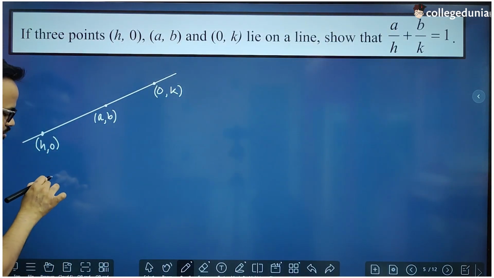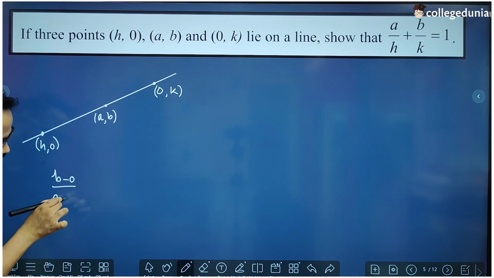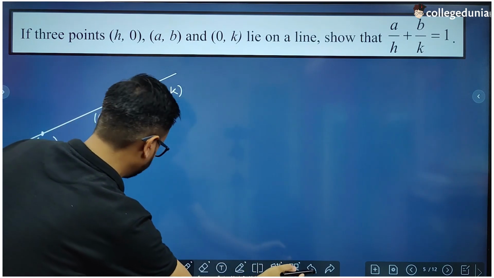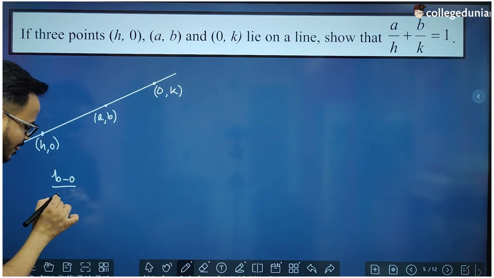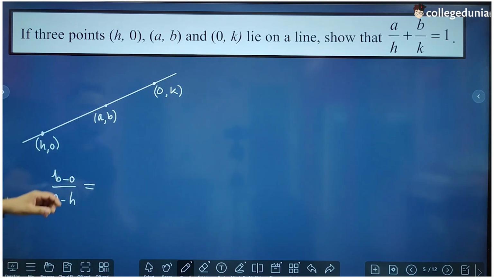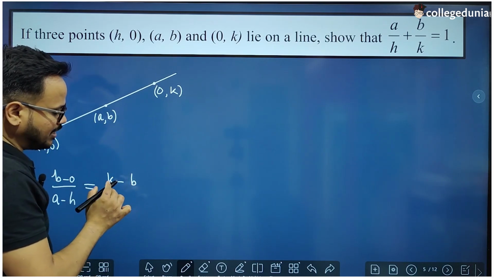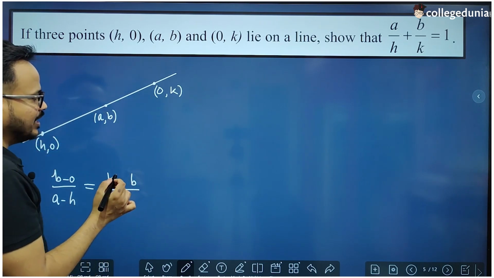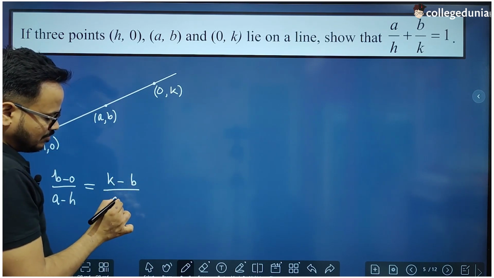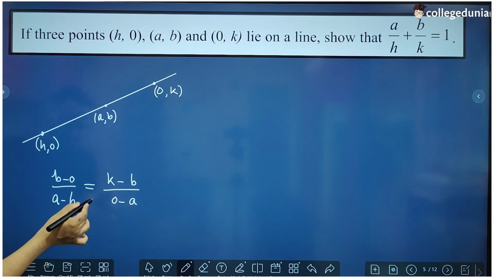So b minus 0 divided by a minus h equal to, and now let's find slope using these 2 points, k minus b divided by 0 minus a.